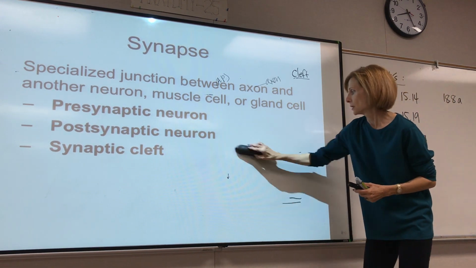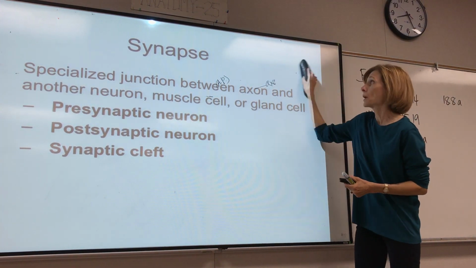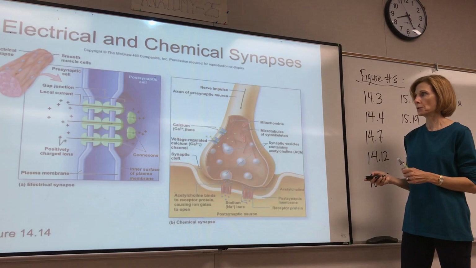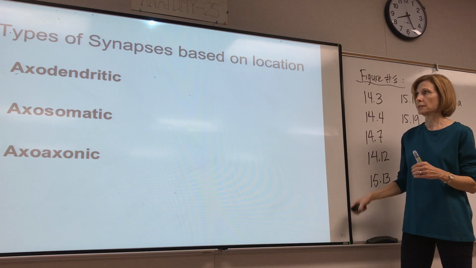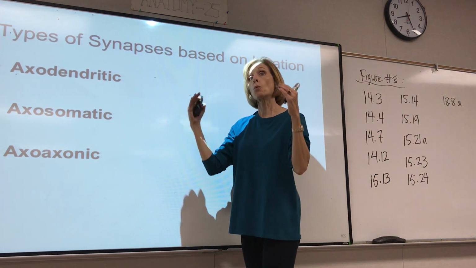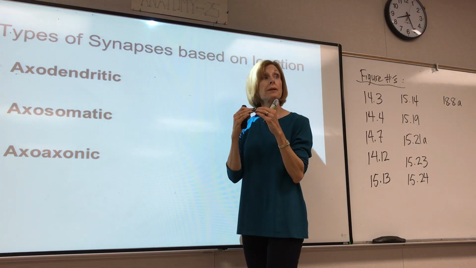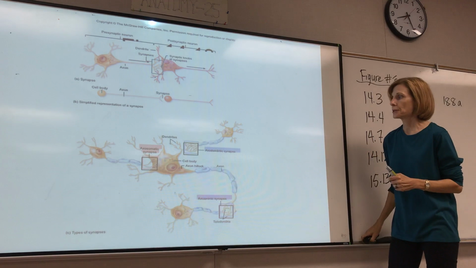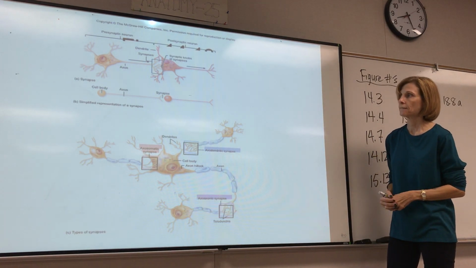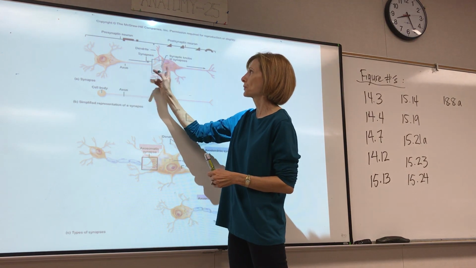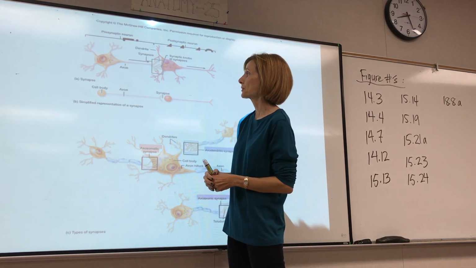Okay. So let's take a look at where synapses can occur between two neurons. So these are different synapses based on where the axon is meeting that next neuron. Okay, so taking a look here, and this is just a picture that's showing two multipolar neurons synapsing on each other.